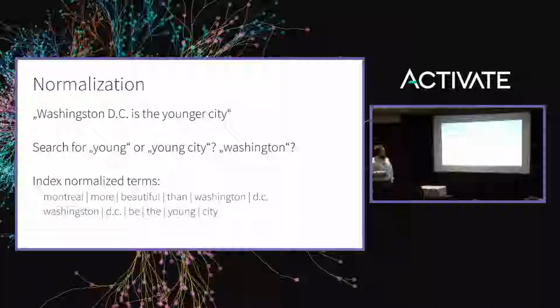If you want to search for young city, you probably want to see Washington, D.C. here. This is very simple, but what if you search for Washington written with a small letter at the beginning? It looks simple, but of course it's another token, another byte sequence.